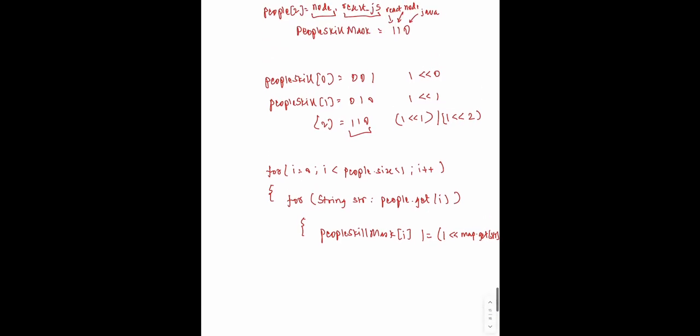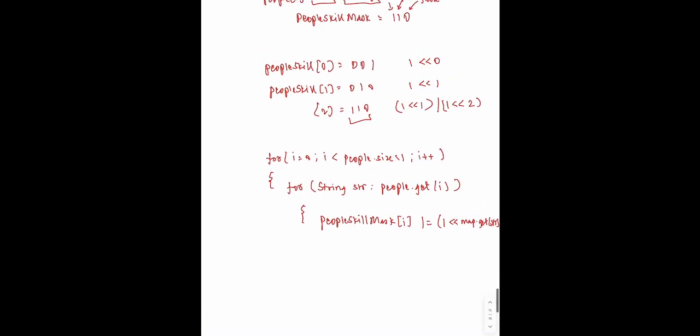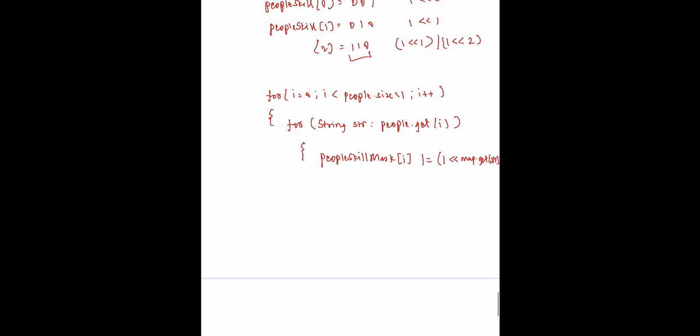Why am I ORing this? Because they might have multiple skills and the positions of those need to be set for whatever skills they have. So you just OR it again and again. This is our way of calculating people skill mask.